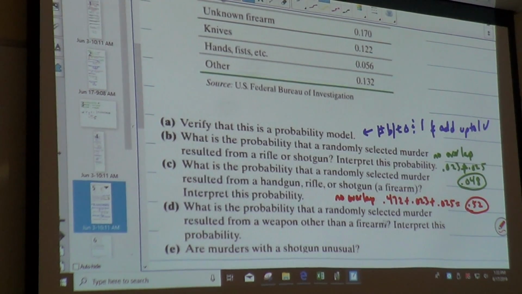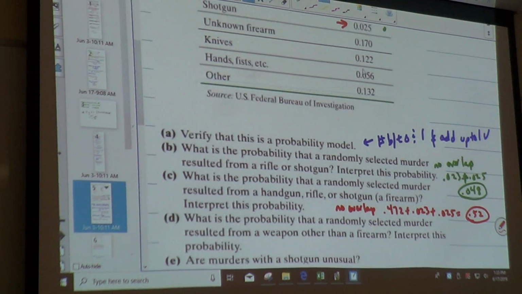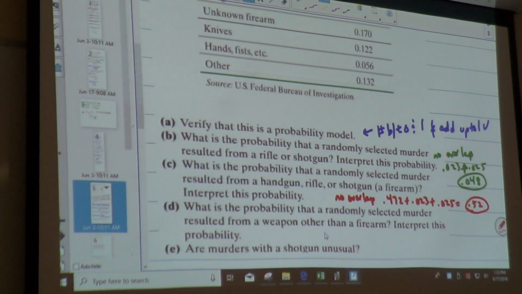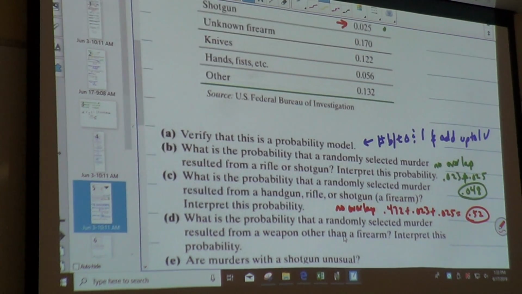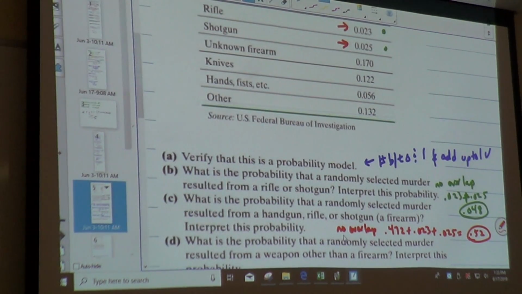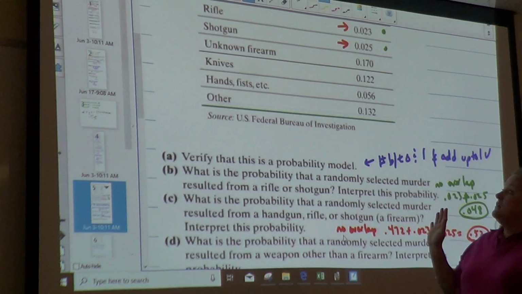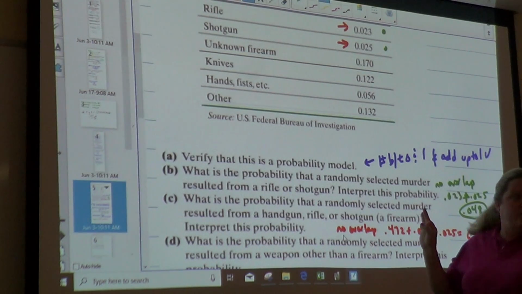What is the probability that a randomly selected murder resulted from a weapon other than a firearm? Now for this one, they did not use the unknown firearm for part C, but for part D, they did. They said, what is the probability that it was from other than a firearm? So what numbers are we going to use? They want to say, I don't want to be shot by a firearm. So which ones are we going to use? The knives, the hands, fist, and other.